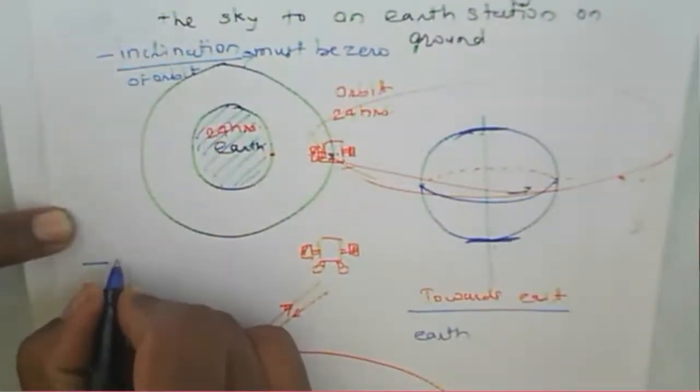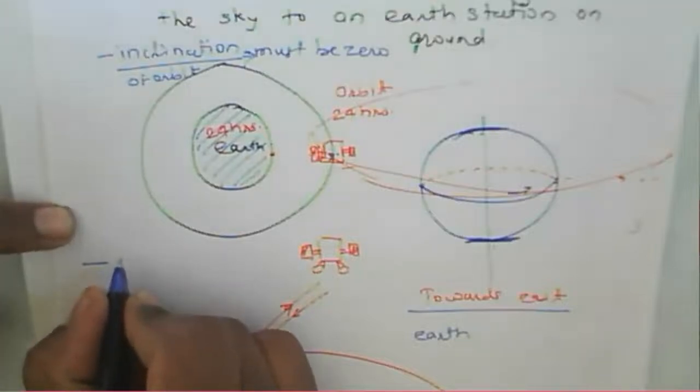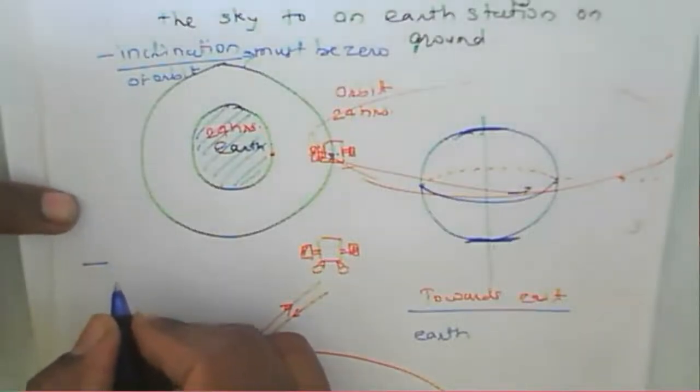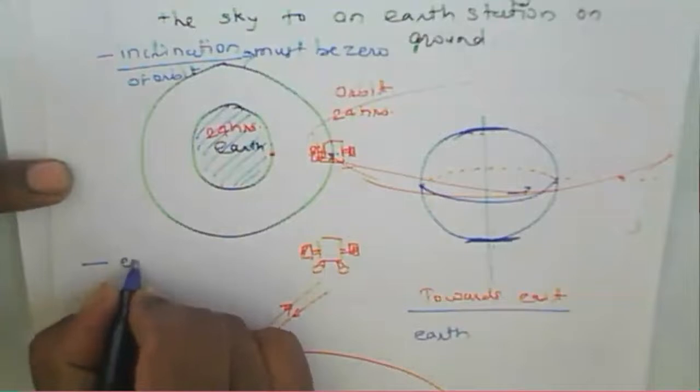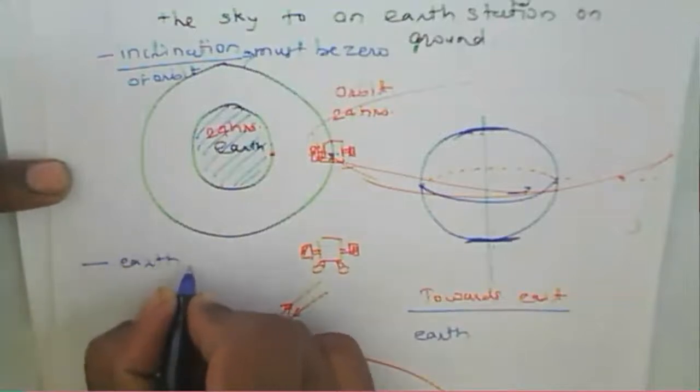And the satellite must be orbiting in the eastward direction in the orbit.